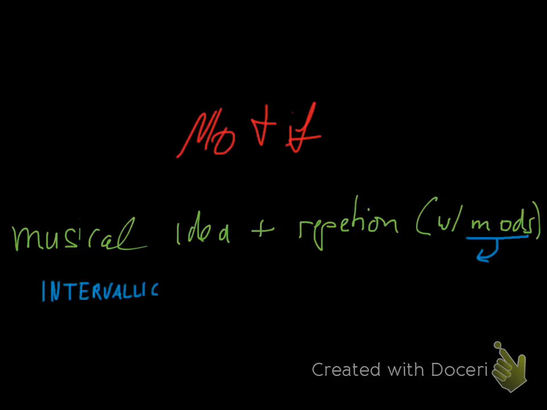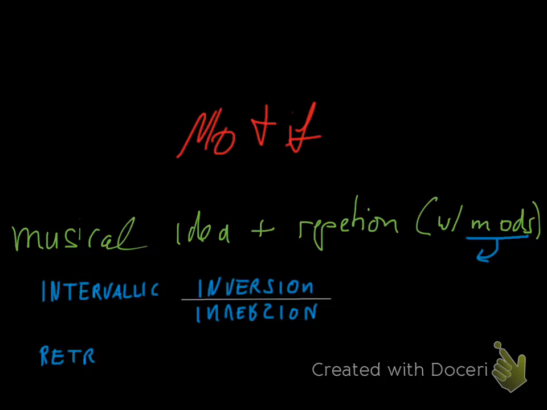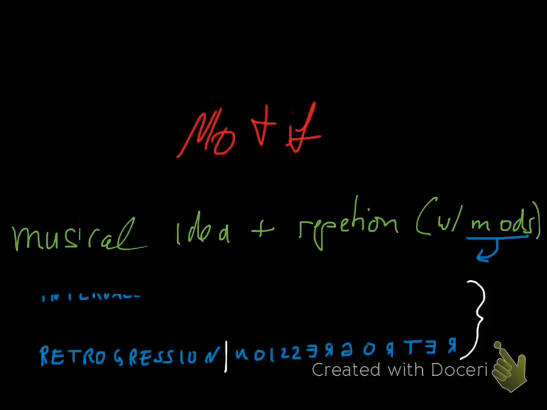The first one is the intervallic modification. Then we have the inversion, which you see here. The inversion basically inverts the intervals. Then we have the retrogression, which basically mirrors the melody, and then you have the combination of the two.